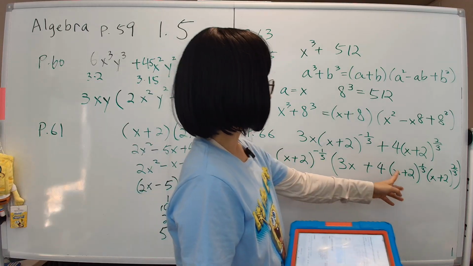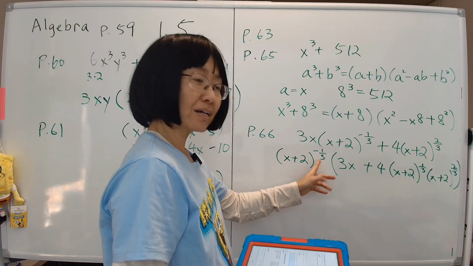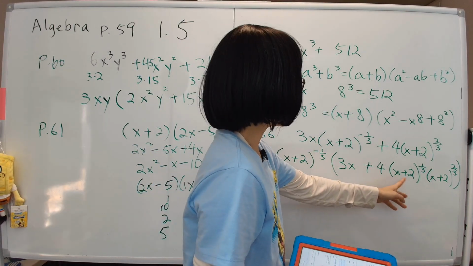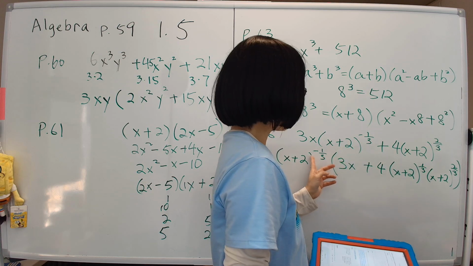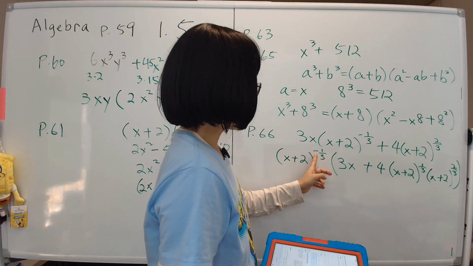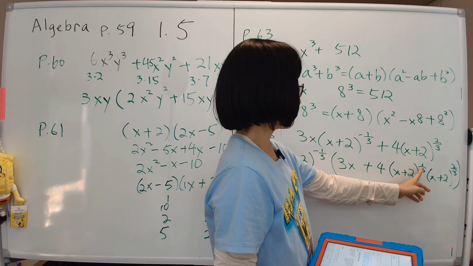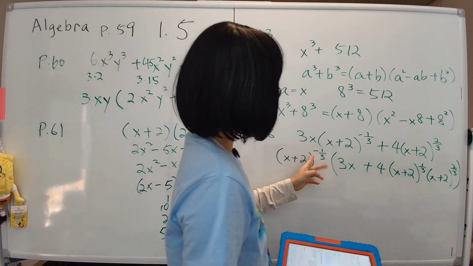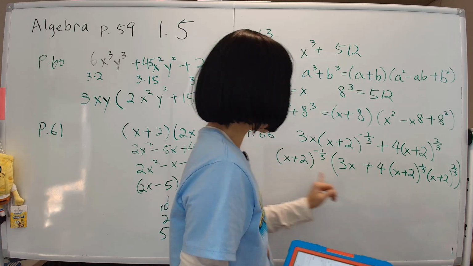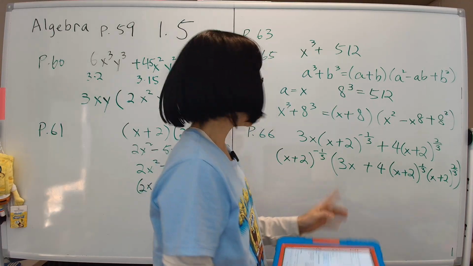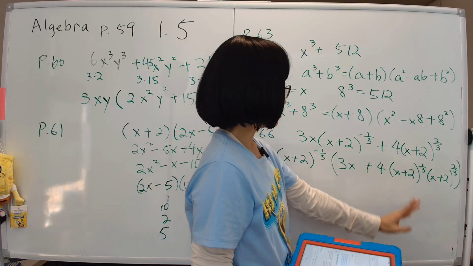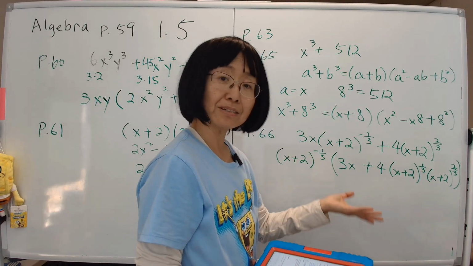So to factor out a negative fraction like that, you multiply it by the same fraction of the opposite sign. That is, if you're pulling out a positive, then the other one will have to be negative. Right now this is negative, so that one will be positive, so that when they multiply together, there will be just 1. Because minus 1/3 plus 1/3 is 0, and anything to the power 0 is 1.